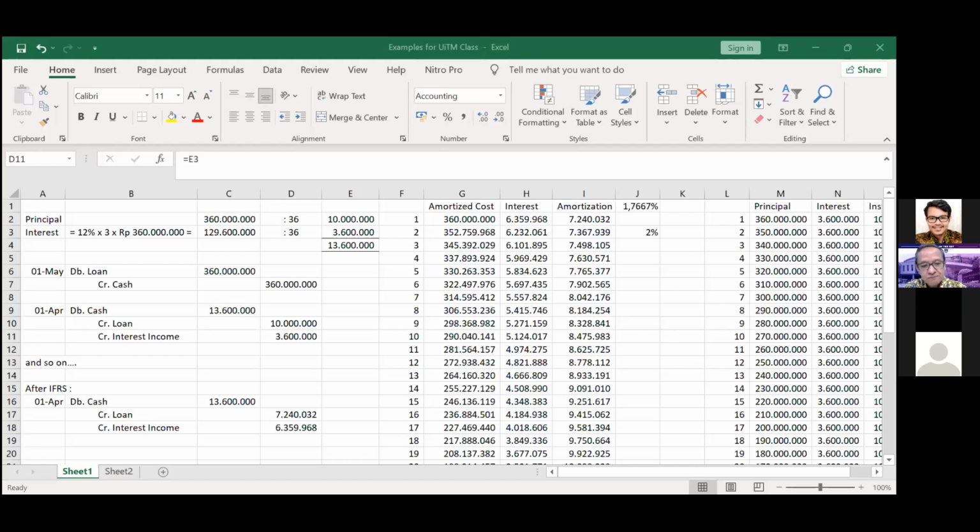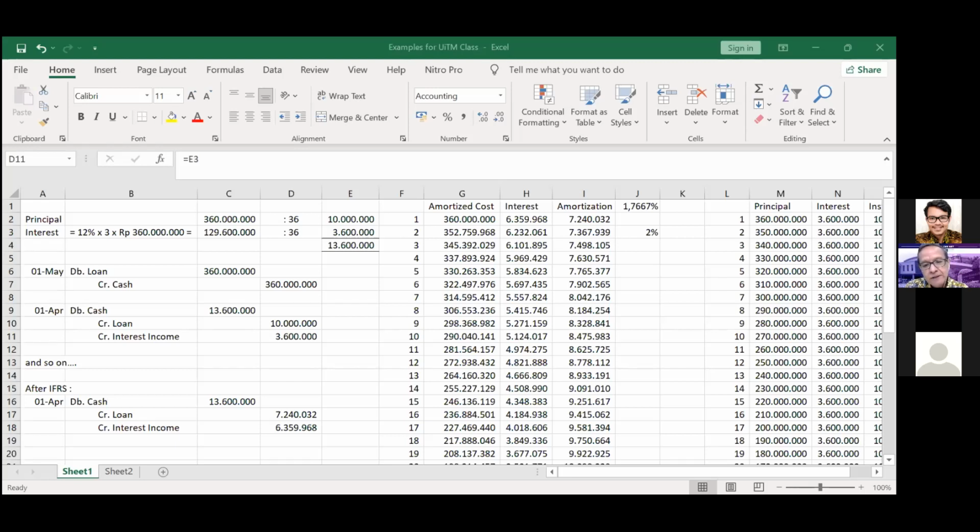So the journal entry will be like this. Every time the bank makes a loan, say today the bank makes loans, then today the bank also has to recognize loss by this journal entry: loan loss and provision for loan loss.